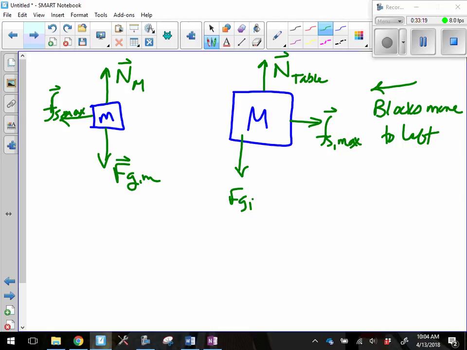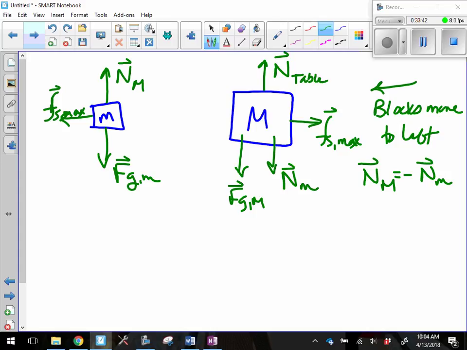But what else is going to act on this? Casey. Yeah, the normal force from little m. And those are going to be a third law pair. So I can say that those are equal in magnitude and opposite in direction.